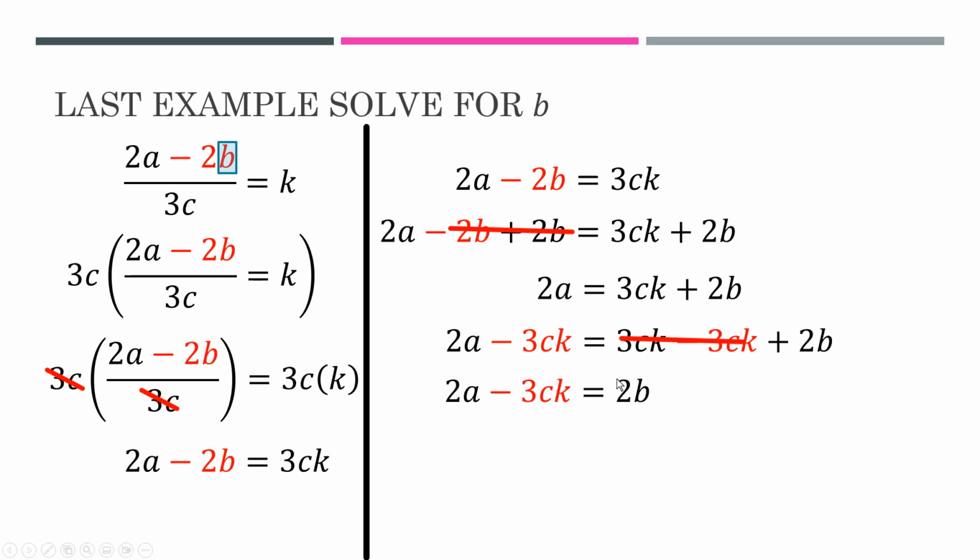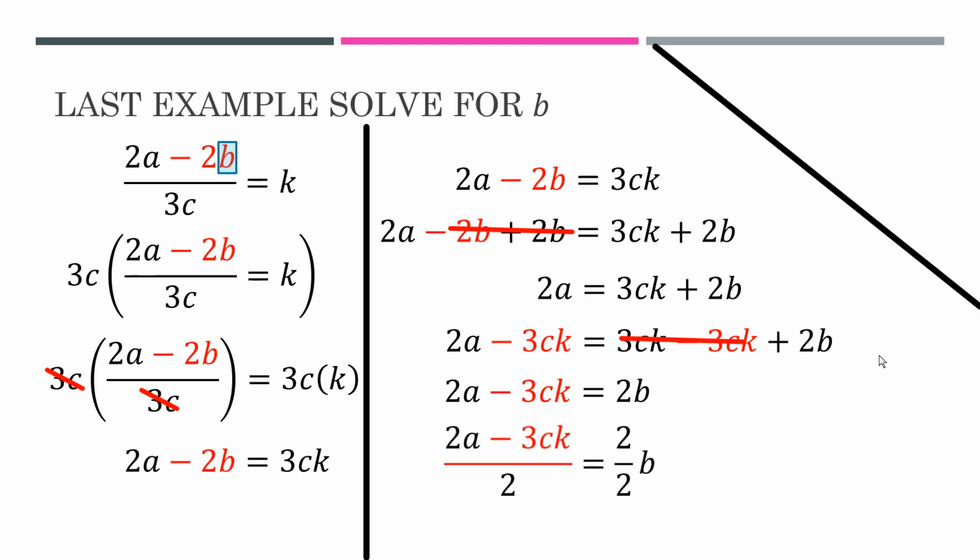The last thing we need to take care of is multiplication. Opposite multiplication, division. So we're going to divide both sides by that 2. And when we do that, the 2's cancel, and we're left with 2a minus 3c divided by 2 is simply equal to b.